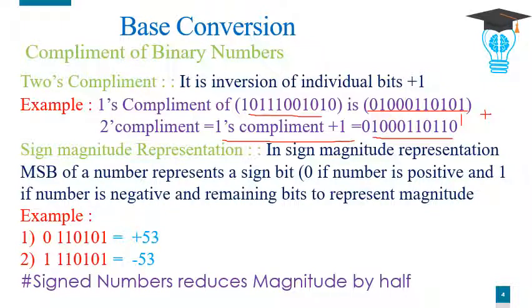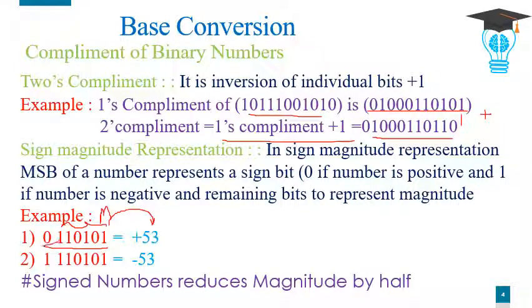The third representation is sign magnitude representation. In sign magnitude representation, the MSB of the number represents a sign bit. If it is 0, the number is positive, and if it is 1, the number is negative, and the remaining bits represent the magnitude. For example, this number represents magnitude of the number whose decimal equivalent is 53.